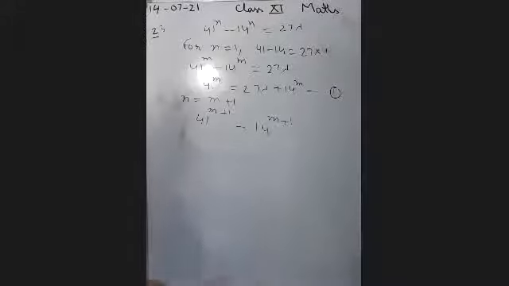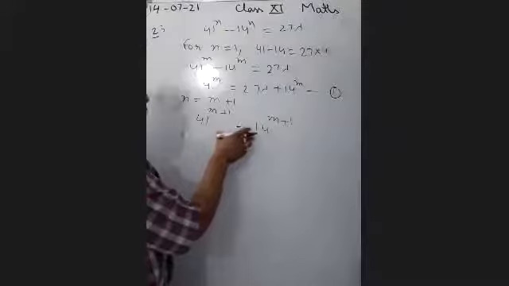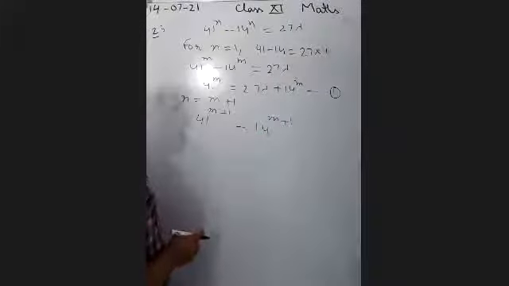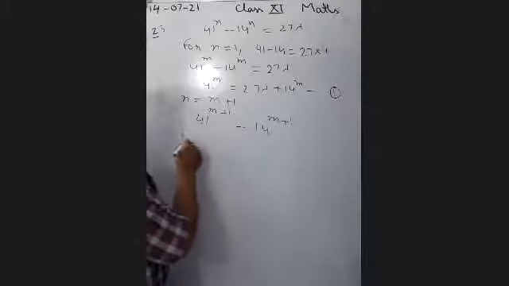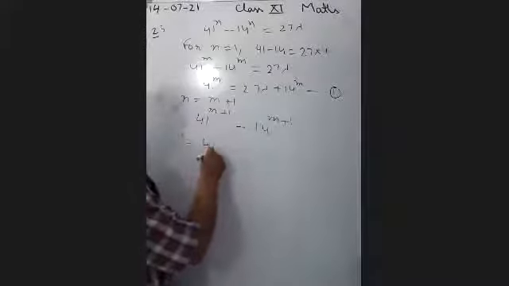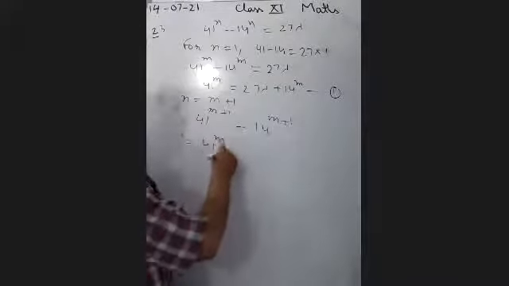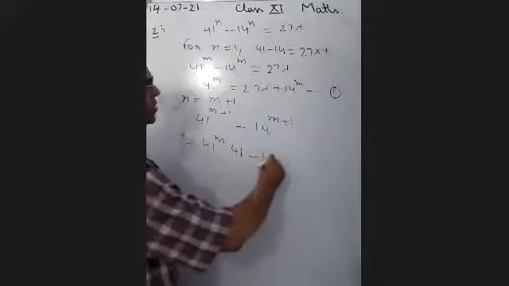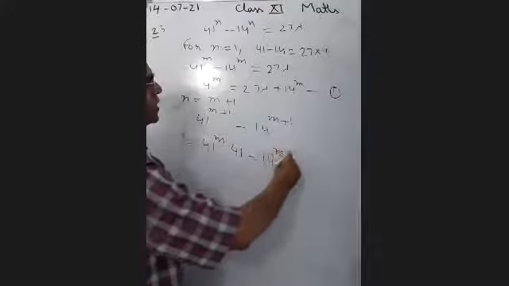Okay? Now we will try to prove it is in the form of 27 lambda. Okay? So this is equal to 41 to the power m into 41 minus 14 to the power m plus 1.